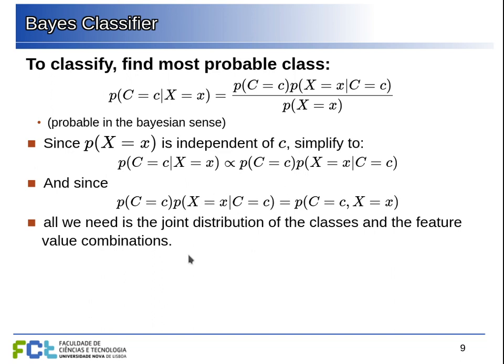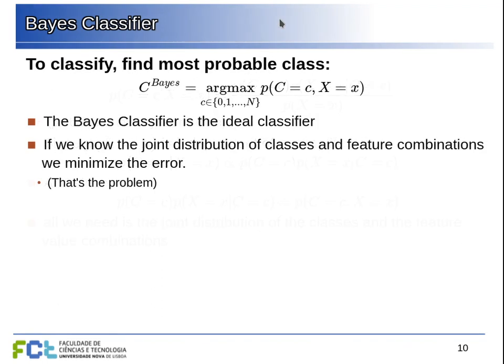So these are equivalent. So basically all we need to do for the Bayes classifier is to find the joint probability distribution of classes and features, and then for each combination of features we pick the class that has the highest value. So this would be very simply the Bayes classifier.